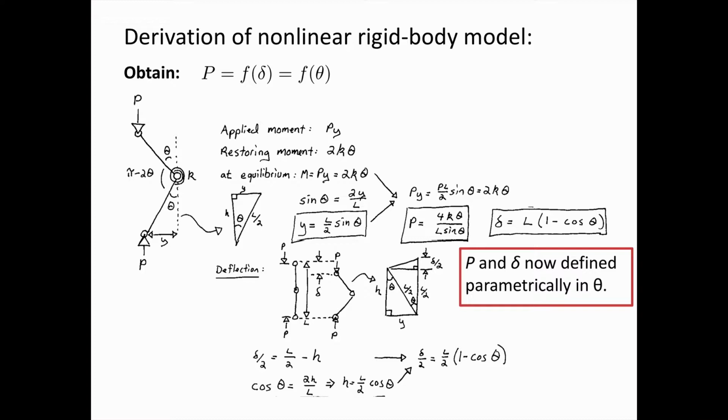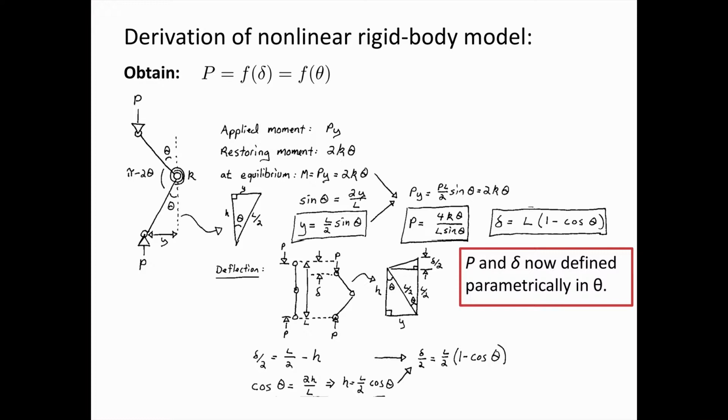I'm not going to go through this in a lot of detail, but wanted to point out the basic process. One strategy here was to define both the load P and the vertical deflection delta parametrically in terms of the angular deflection theta. So we can identify what the applied moment is due to the load P, what the restoring moment is due to the elastic nature of the spring, and then look at equilibrium and start deriving, well, what is the load P as a function of theta, and then what is the vertical deflection delta as a function of theta.